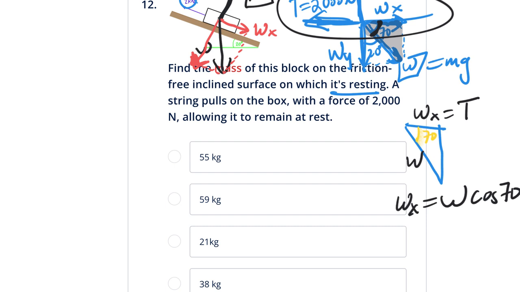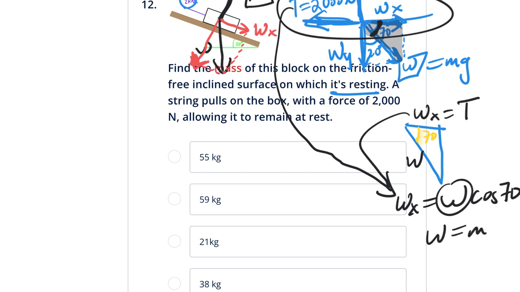So you have T, the tension, given right there. You don't know the weight, but you know the angle is 70. Once you find the weight, do an mg equation on it, and solve for the m.